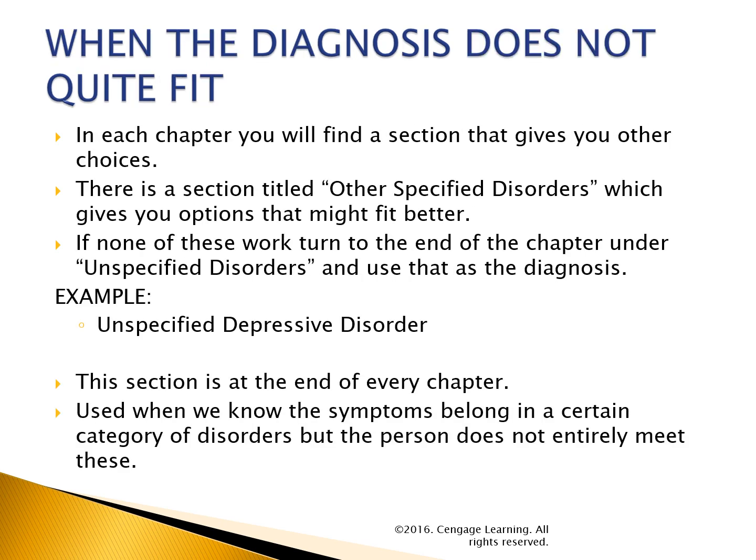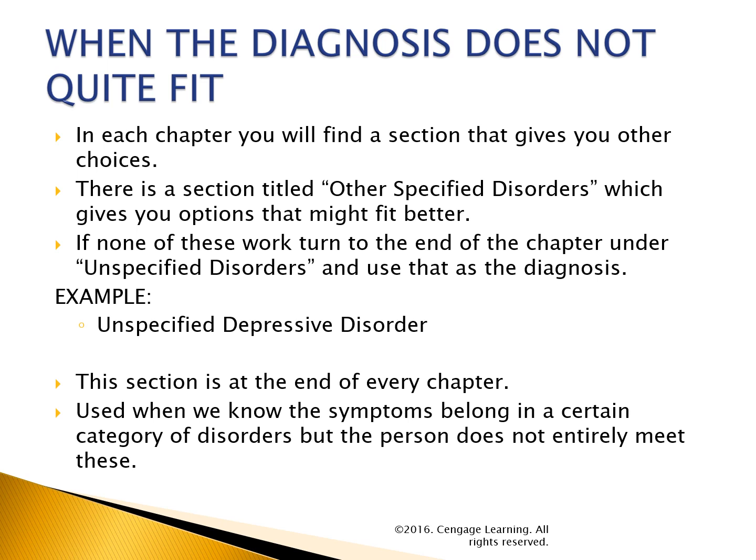When the diagnosis does not quite fit, in each chapter you'll find a section that gives you other choices. There is a section titled Other Specified Disorders, which gives you options that might fit better.